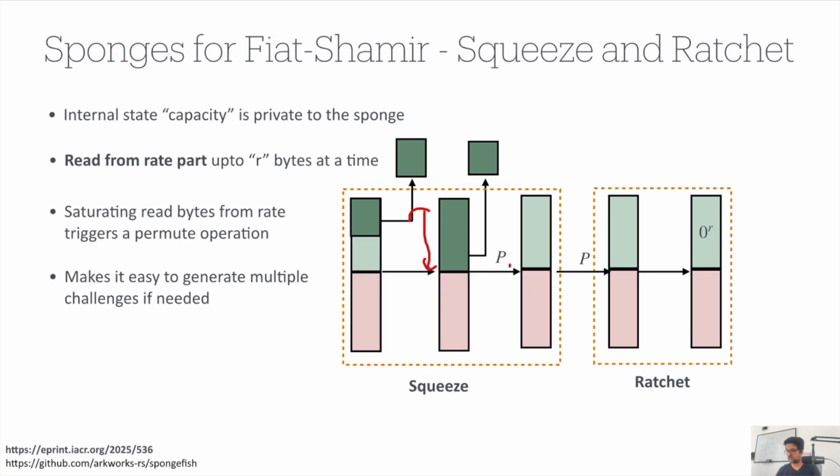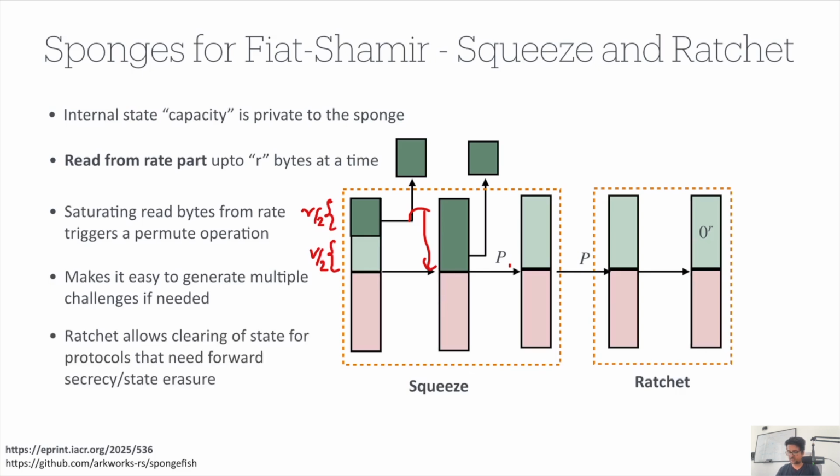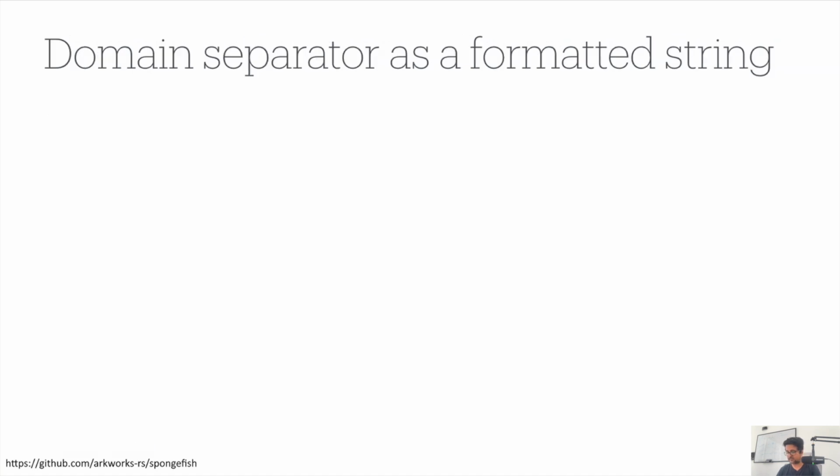For example, if you are taking r/2 bytes at a time, then multiple challenges would not require you to do a permute function. Just simply do r/2 and r/2. And ratchet in general allows you to clear the state. It's useful for forward secrecy or protocols that require state erasure and so on.